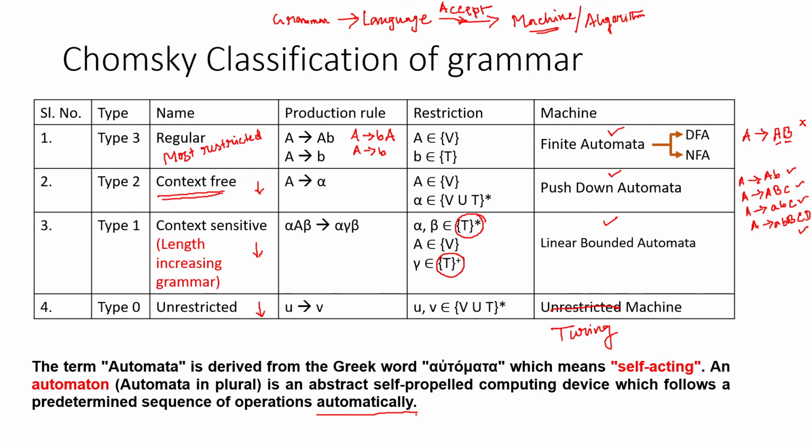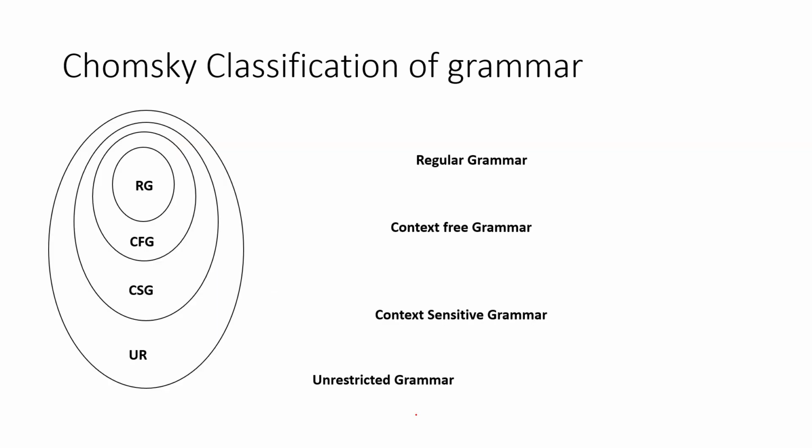So what we have seen, at least the basic idea, is these four different cases with respect to the restriction. If I ask you to make a relationship between these four different types of grammar, how can you express this? We can express this with a Venn diagram.